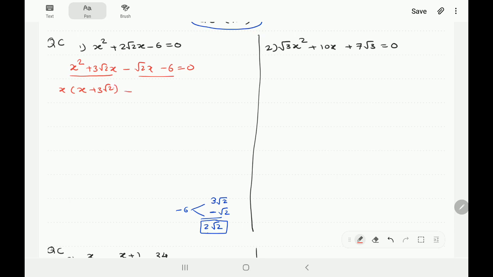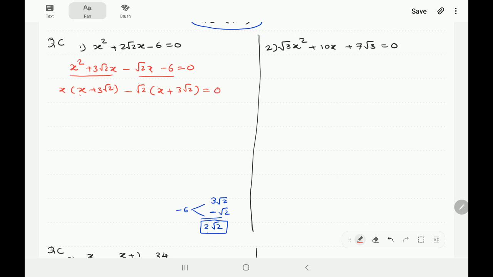As I gave you the hint, I don't have to worry about any other thing. What can we take common here? Here we need x, so the root 2 should be taken common. So minus root 2 is taken common. Here it is left x plus, because minus 1 is taken common, 3 root 2 is left in the bracket, and is equal to 0.